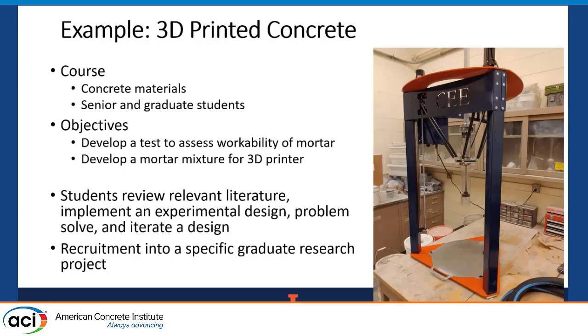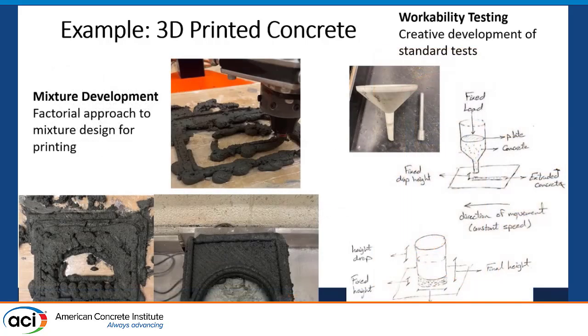Again, this is intended to not just do some preliminary problem solving for me, but I'm also going to recruit out of this project based on interest that's generated. On the mixture development, you can see that early trials are not always successful, but usually by the end of the project, they've gone through this iteration.